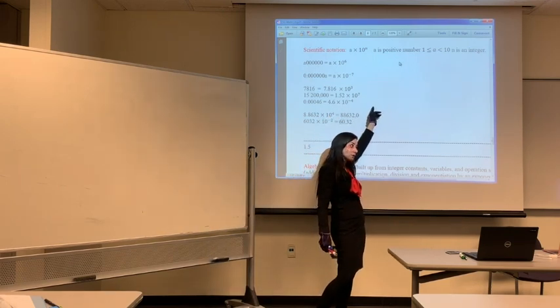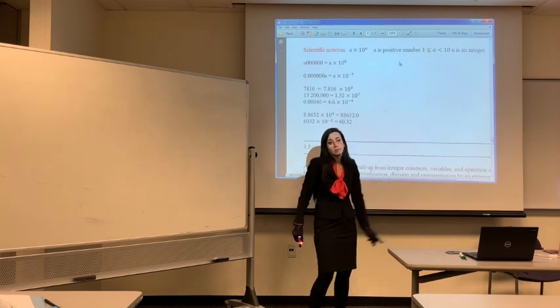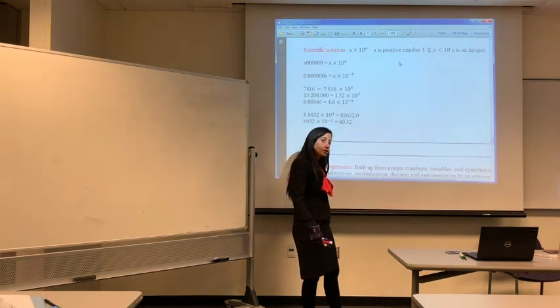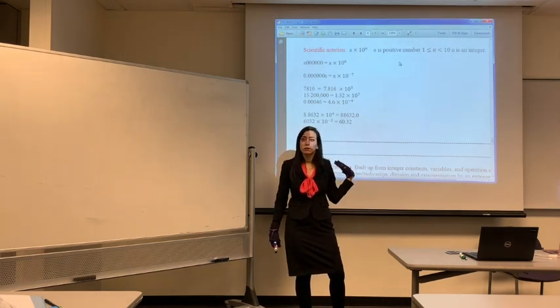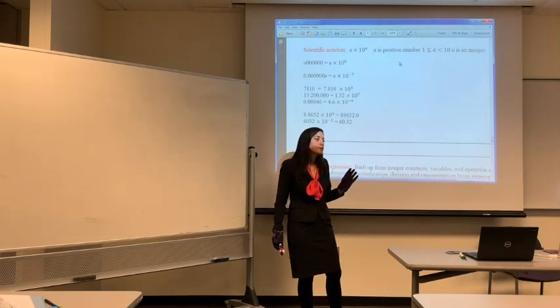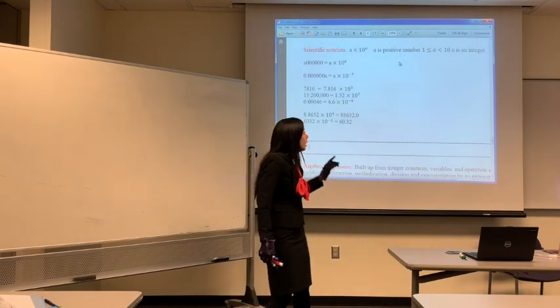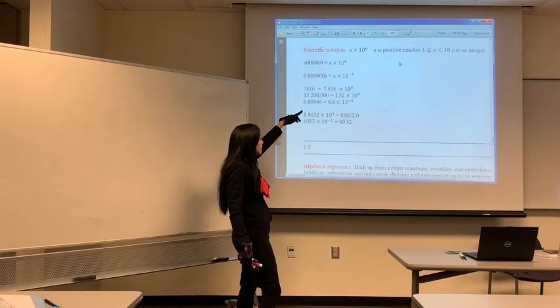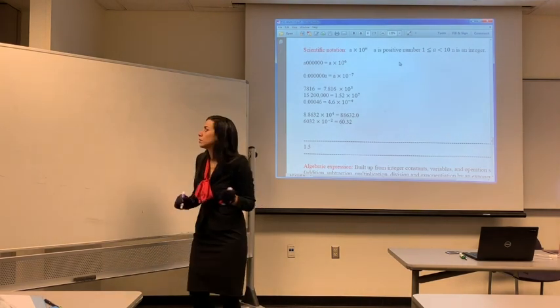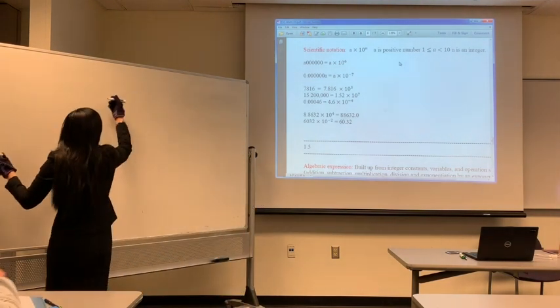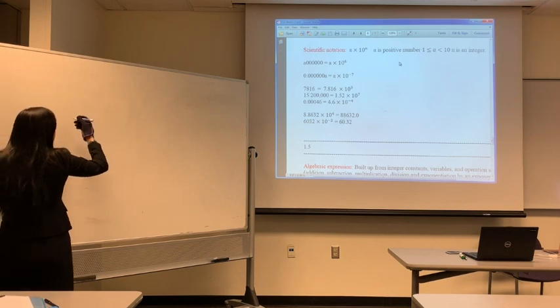A can be 1, but on that side, A cannot be 10. So anything before 10: 9, 8, 7, 6, and up to 1. Okay? So the form is A multiply 10 power some number. N can be any big number.